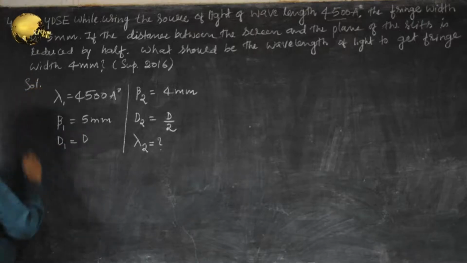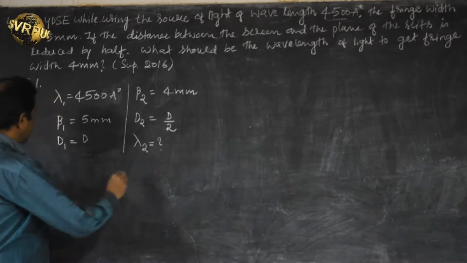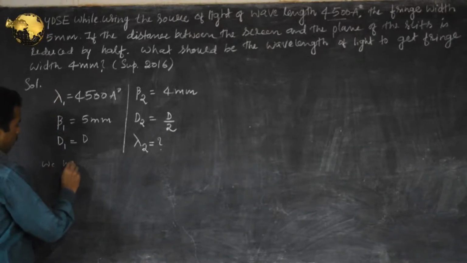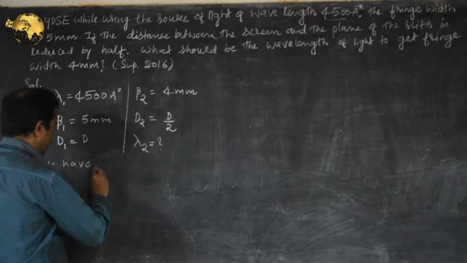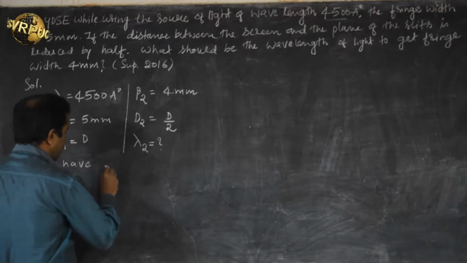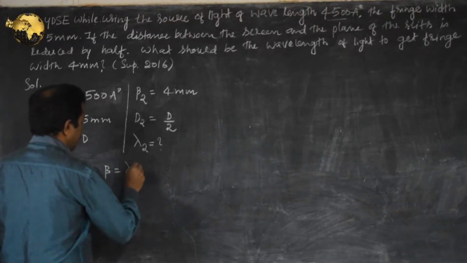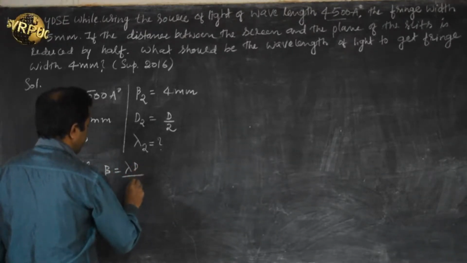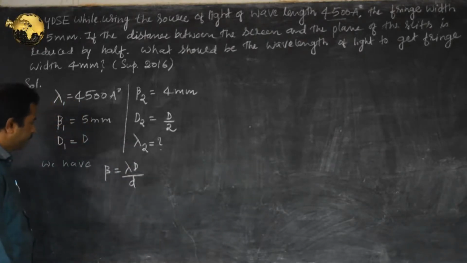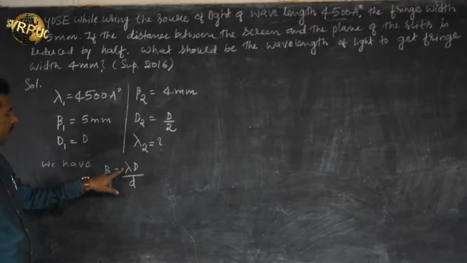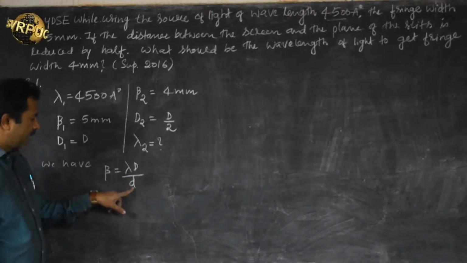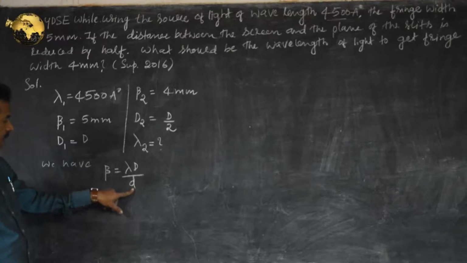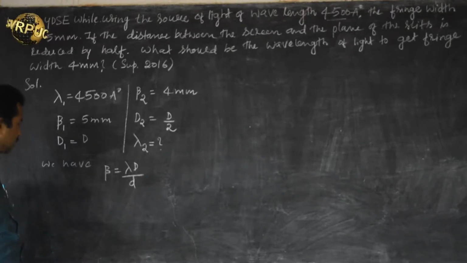This is the solution. So now we have the fringe width formula. Beta is equal to lambda D divided by d, where lambda is the wavelength of light used and D is the distance between the slit and the screen, and the small d is the distance between the slits.